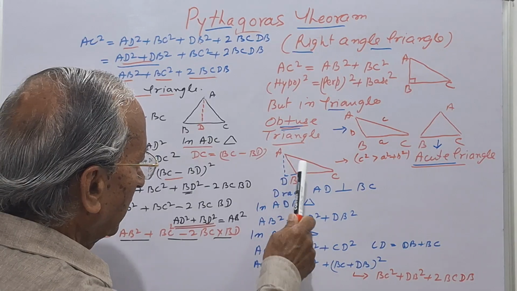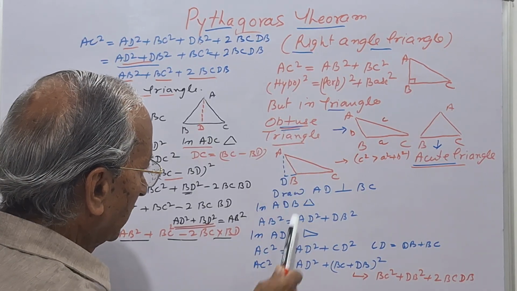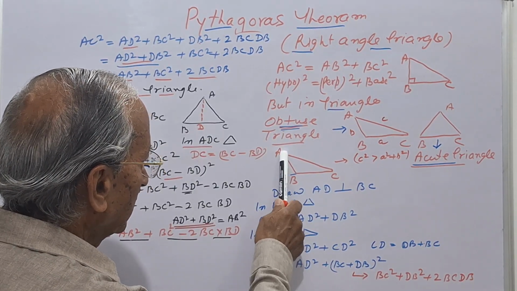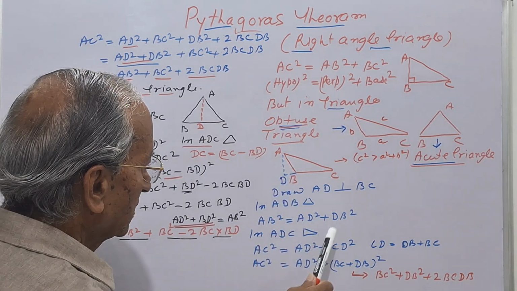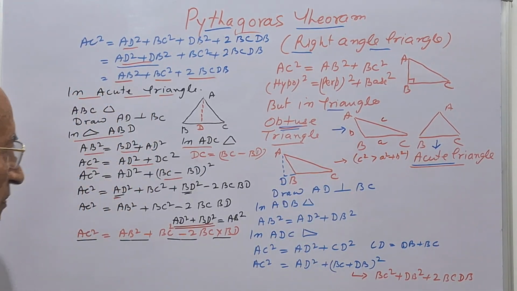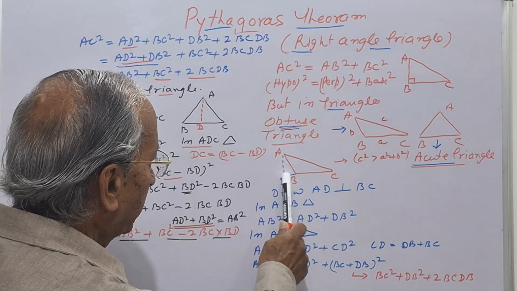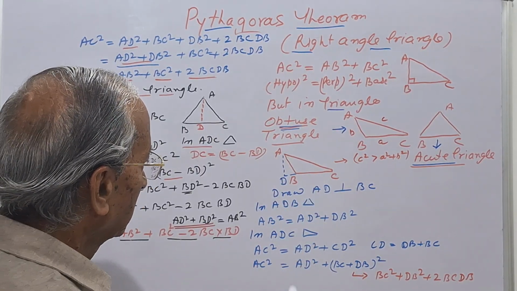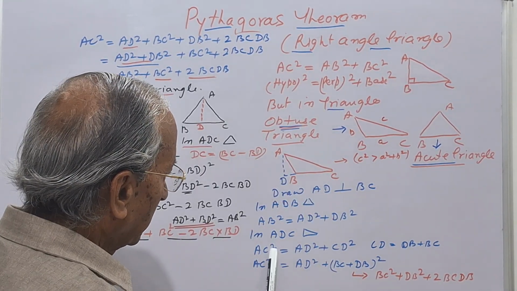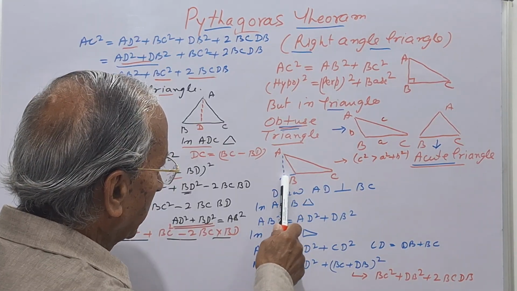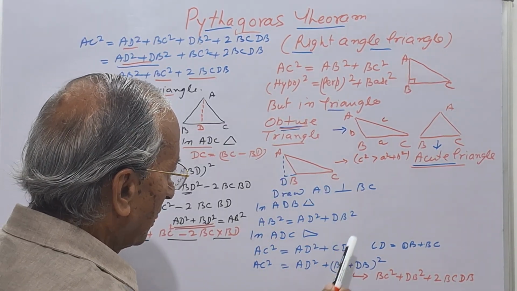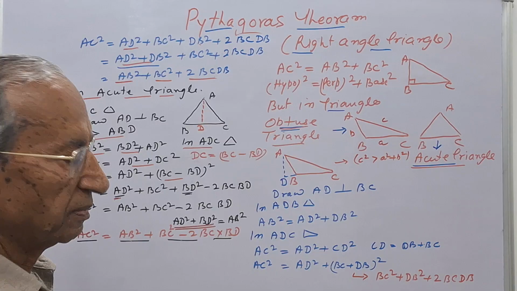In ADB, AB square is equal to AD square plus DB square. And in ADC, AC square is equal to AD square plus DC square.